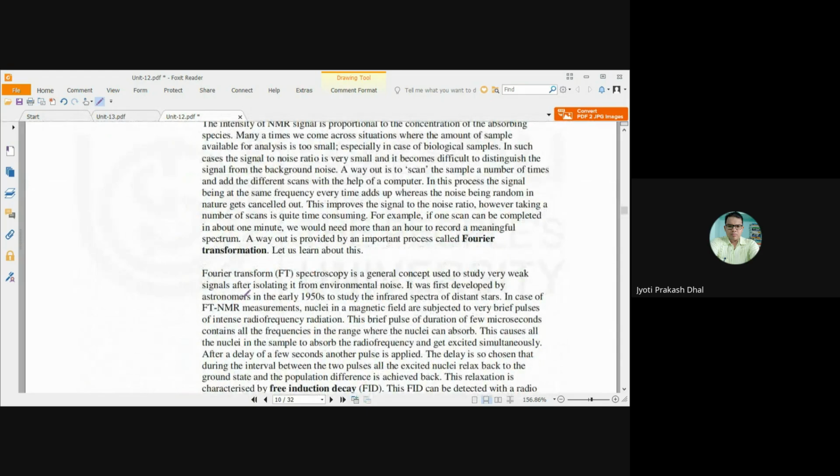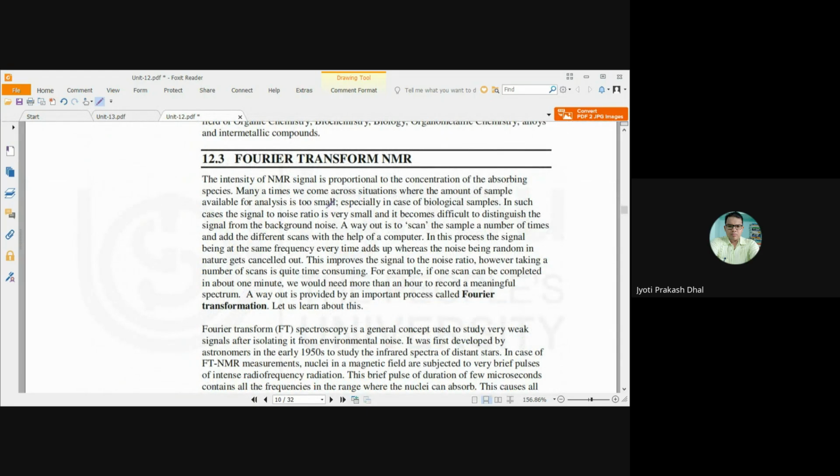Now coming to the Fourier transform NMR. The intensity of the NMR signal is proportional to the concentration of the observed species. Many times we come across situations where the amount of sample available for analysis is very small, especially in the case of biological samples. So in such cases, the signal to noise ratio is very small and it becomes difficult to distinguish the signal from the background noise.